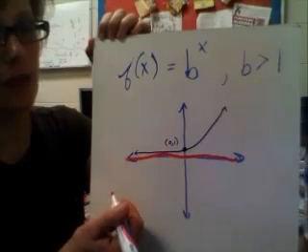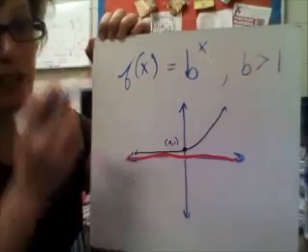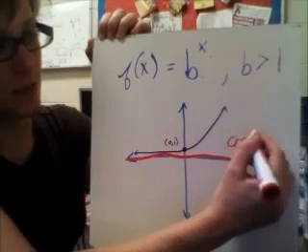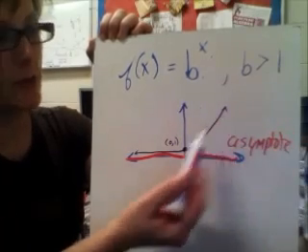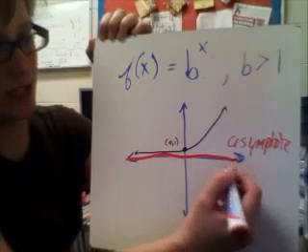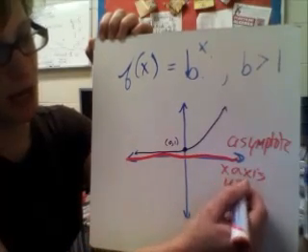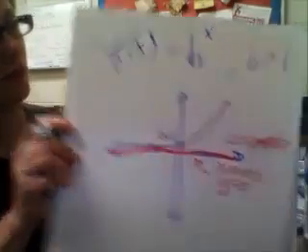It will never equal 0. No matter what you put in for these two numbers, you will never get it to equal 0. That is called an asymptote. The exponential graph never touches it. In this case, you could say it's the x-axis, or you could say it's y equals 0. That's that line, y equals 0.